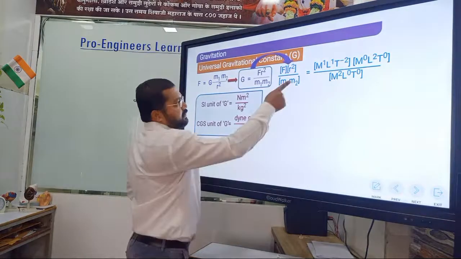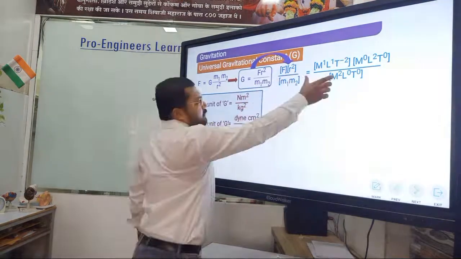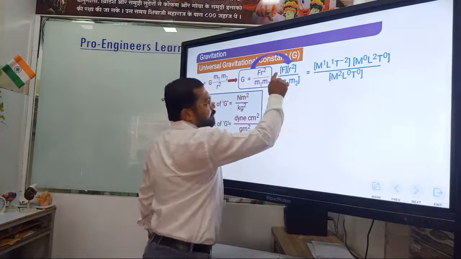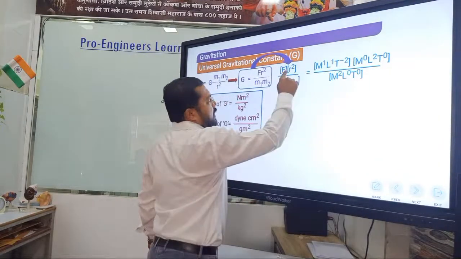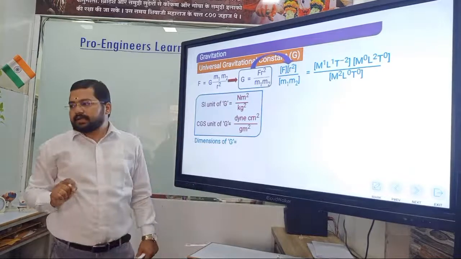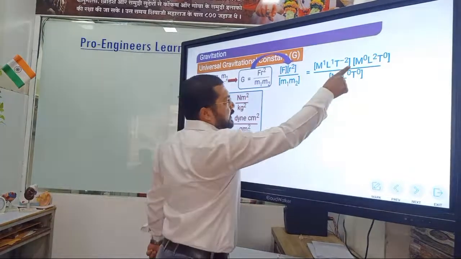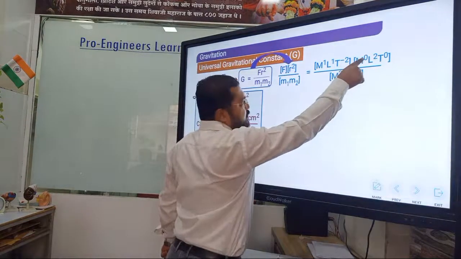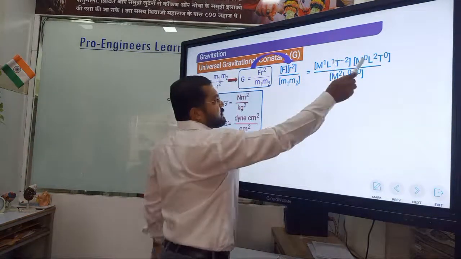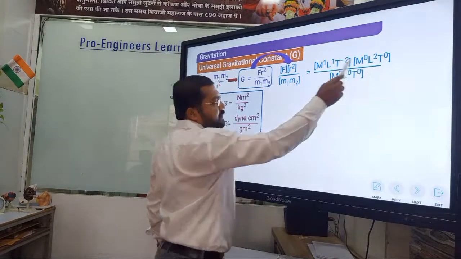So the first dimension is for force. Now the second dimension is for r square. What is r? Distance. Distance does not require mass, so we have mentioned 0. Distance does not require time, so we have mentioned it as 0.